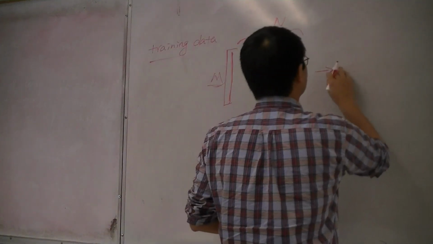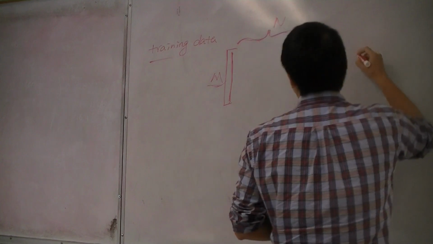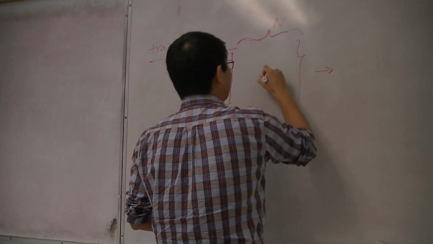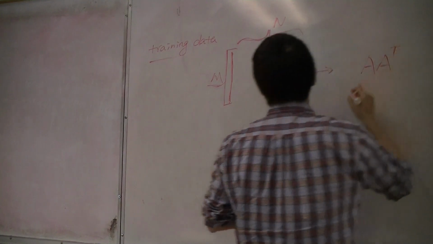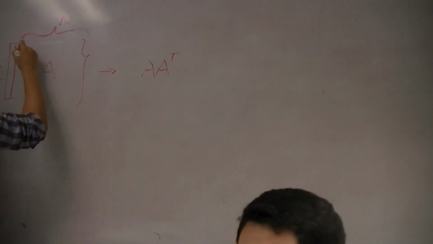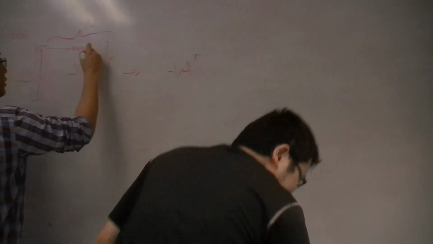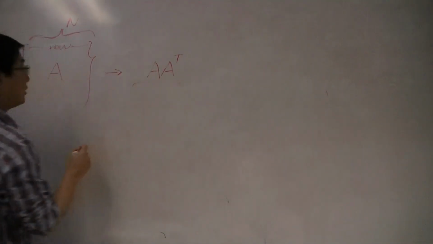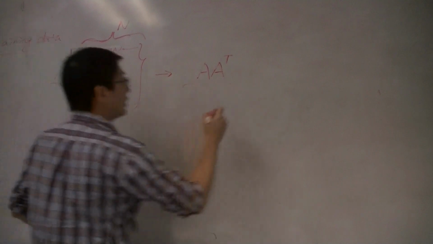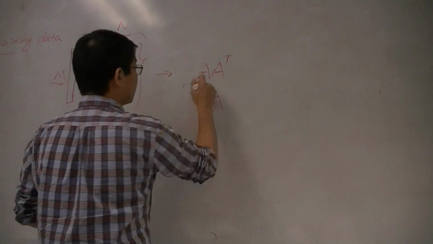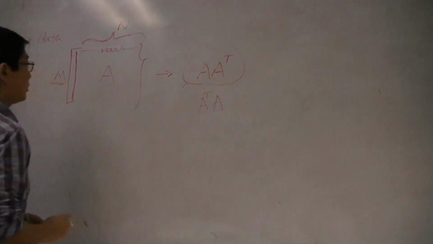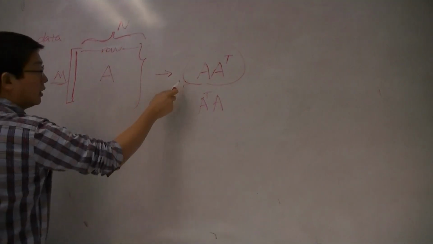So we have this matrix A and the covariance matrix AA transpose. If you care about the column vectors, you can calculate A transpose A, but in our case we will calculate AA transpose.